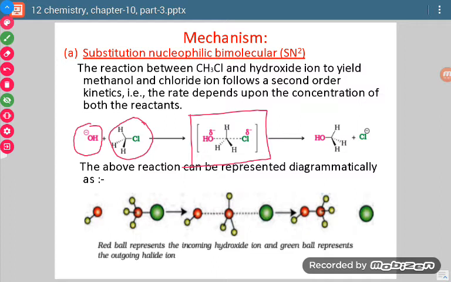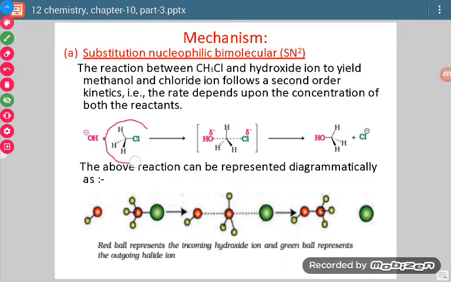In this particular state, the nucleophile is also attached with the molecule, and the leaving group is also attached with the molecule. When all of them are attached with each other, then the leaving group moves away with the passage of time, and the other groups attached with the central atom also start moving away, and in this process the configuration totally changes.